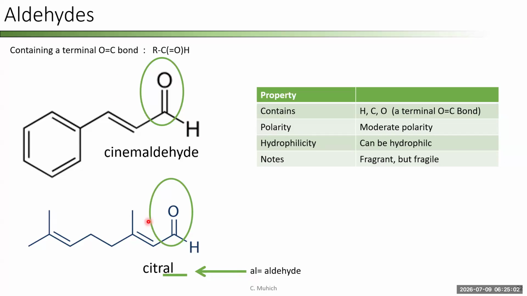So this is going to be a lot of things that our noses pick up on. But because, like I said earlier, we've got this oxygen-carbon double bond at the edge of the molecule, it really leads to these being readily attacked by other molecules.